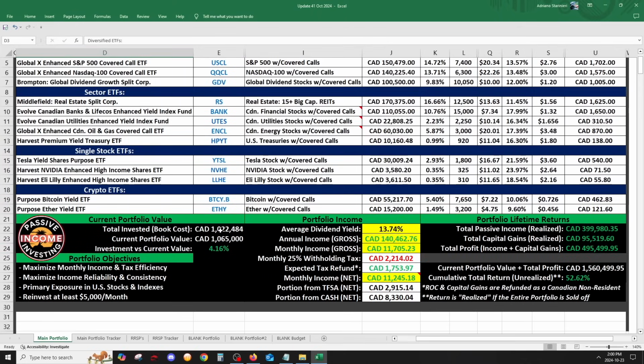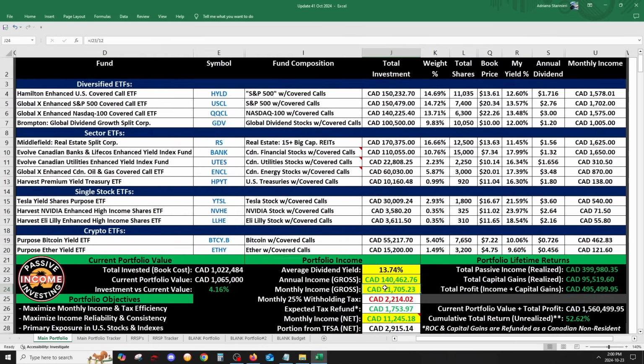So capital wise, I'm actually up now, which is fantastic. Not that it really makes a difference in my life. This is what I really care about, the income. So my gross monthly income is now $11,705 minus my 25% withholding taxes. All my dividends have a 25% withholding tax in my non-registered cash account, which equates to $22.14.